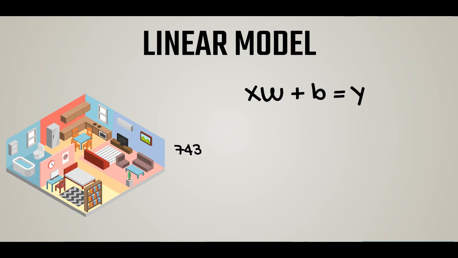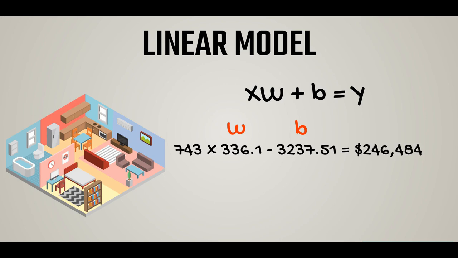A possible model for predicting its price is x times 336.1 minus 3237.51. The weight is 336.1 and the bias is minus 3237.51. If we calculate the output following this model for a 743 square feet apartment, we would obtain a price of $246,484.79.